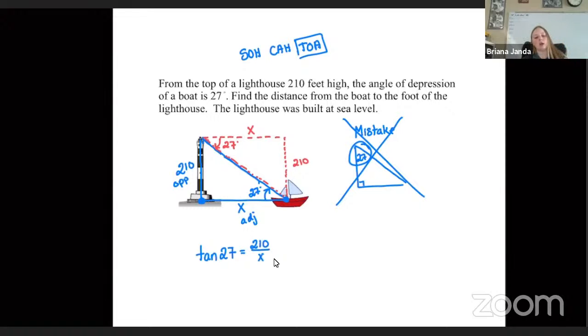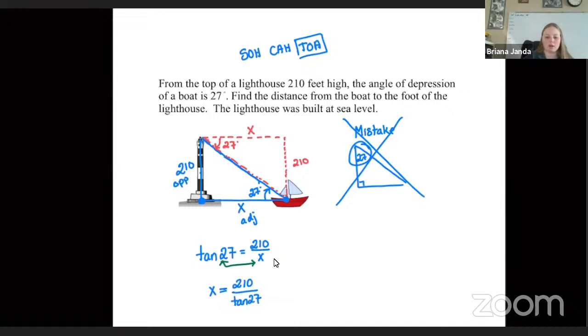So nicely, we have an example of one with a variable in the bottom. If you'll remember from our last lesson, we went through the long algebra of how to do this and then saw that it's a little bit of a shortcut: the tangent of 27 and the x just flip-flop spots, and x is going to equal 210 divided by tangent of 27.